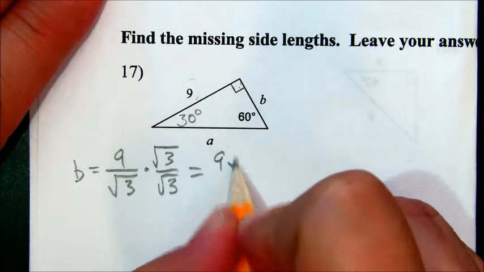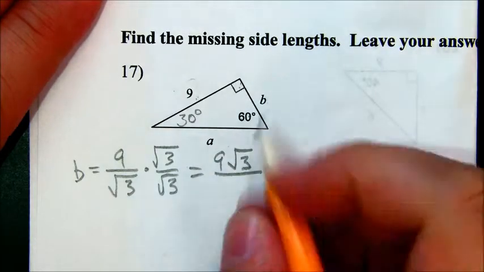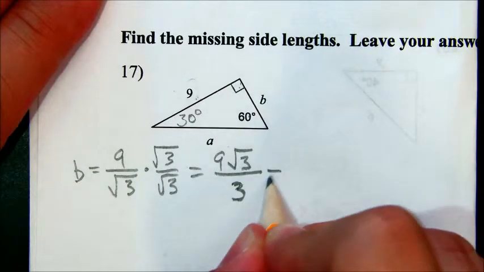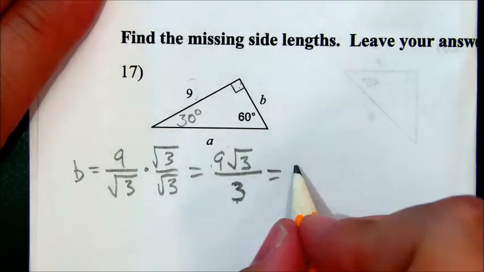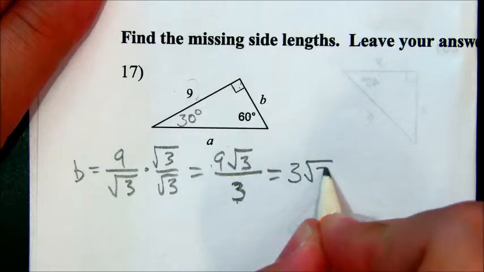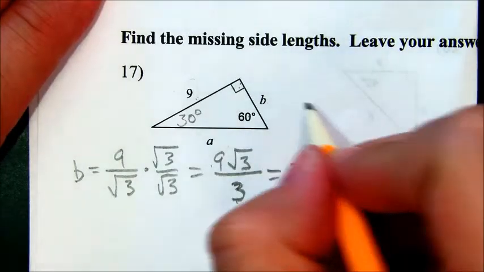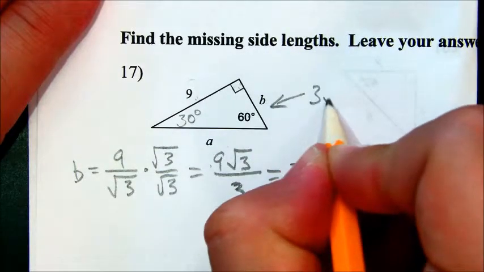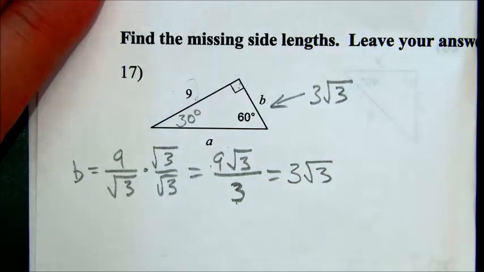That gives us 9 times the square root of 3 in the numerator, and 3 in the denominator. We can simplify that further because 9 divided by 3 is 3. We get 3 times the square root of 3. So that's B, our short leg, 3 times the square root of 3.